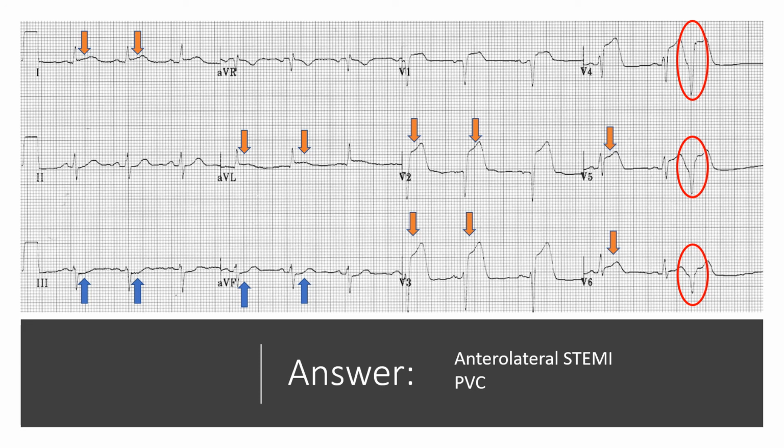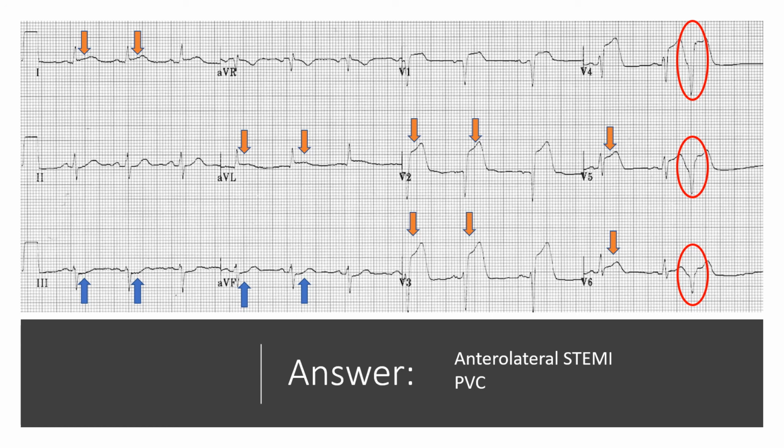So the full thickness injury or infarction in the anterolateral walls of the left ventricular myocardium is causing the PR segment to be depressed below the baseline and the ST segments to be elevated in these anterolateral leads, which is seen by the electrodes that are completely opposite, which are basically the inferior leads.